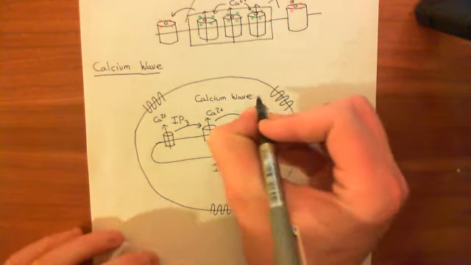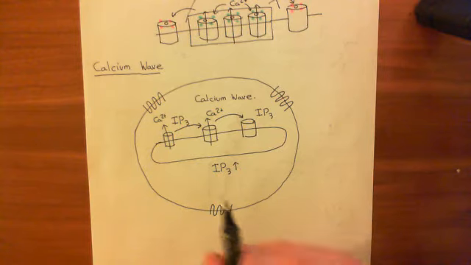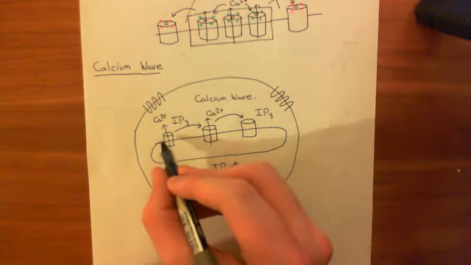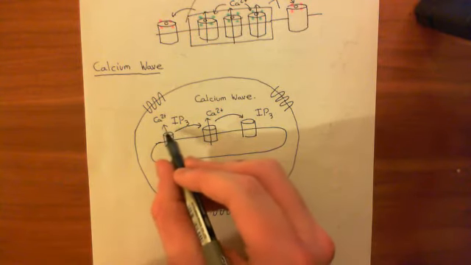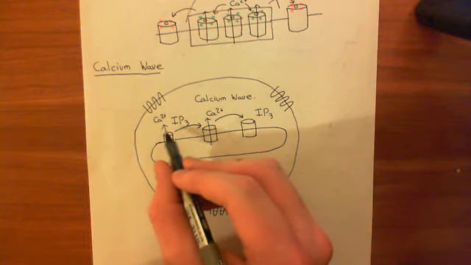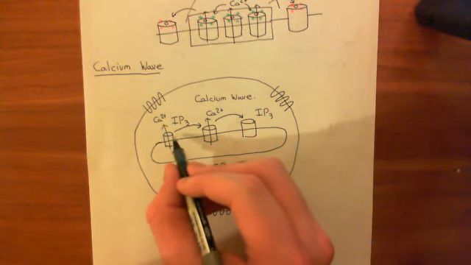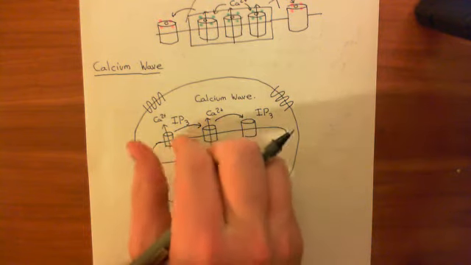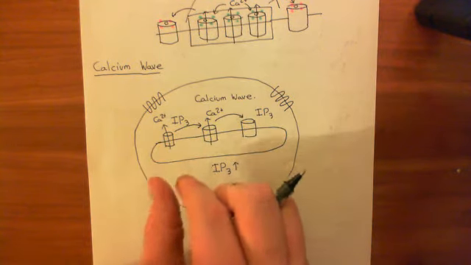This is a wave of activation of the release of calcium from the intracellular store. Now, as calcium builds up over here, the calcium will start inhibiting that IP3 receptor, and therefore the IP3 receptors over here will start to close.